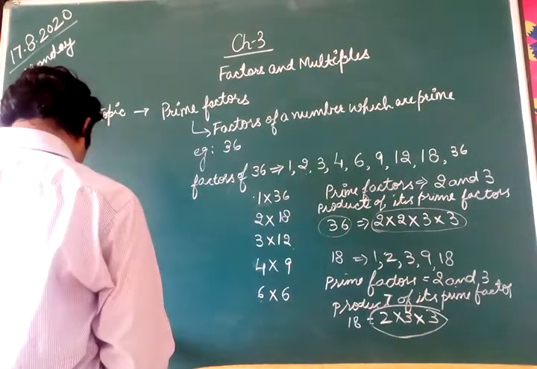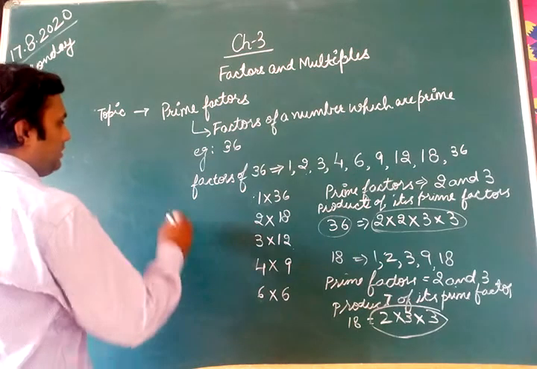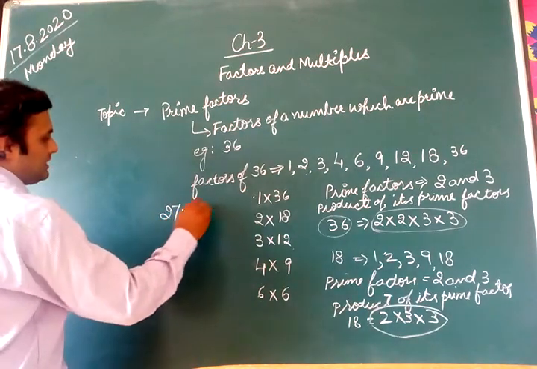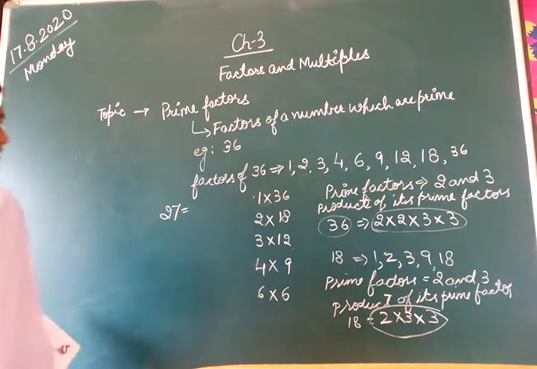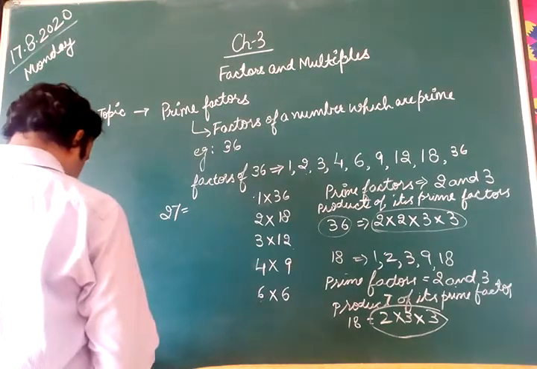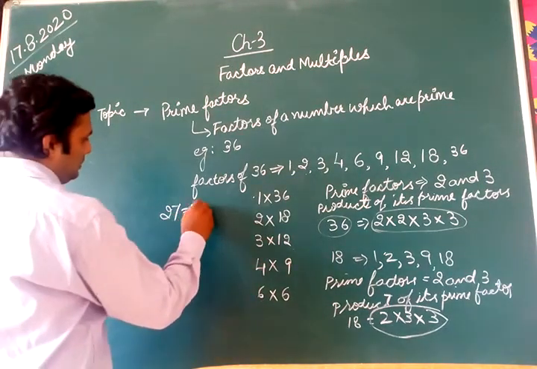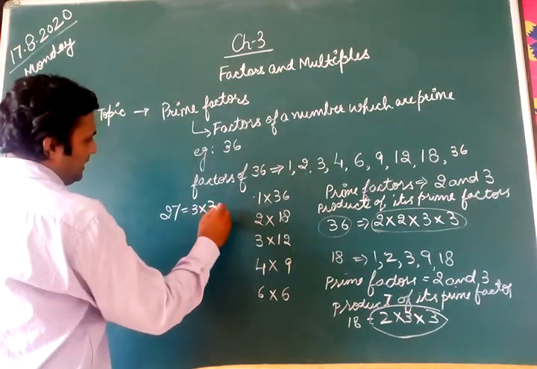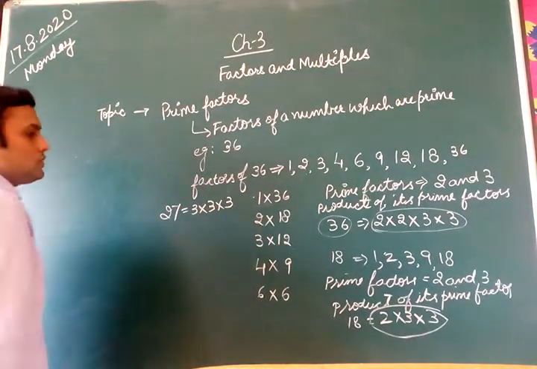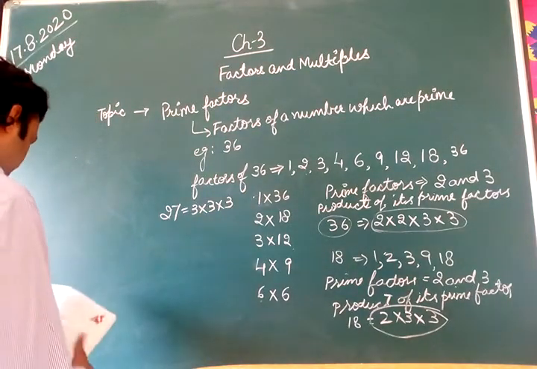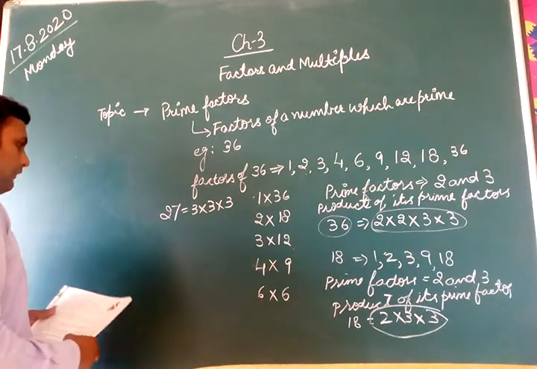So if we talk about 27, you can write 3 multiplied by 3 multiplied by 3. This is the prime factorization of 27.